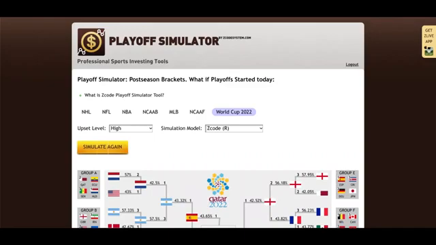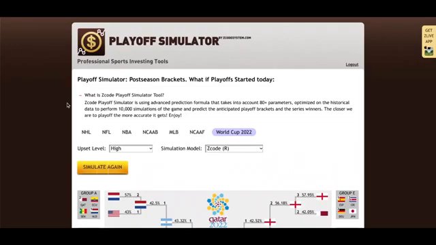So definitely something I recommend to use. And of course, if you need to know a little bit more about the Zcode system tool, then you can look at there. And as well as on our YouTube channel, you can search the YouTube channel for the different tools that we offer at Zcode System. And again, this isn't just good for the World Cup. This is good for the various sports that use a playoff system in the postseason, especially in the USA.